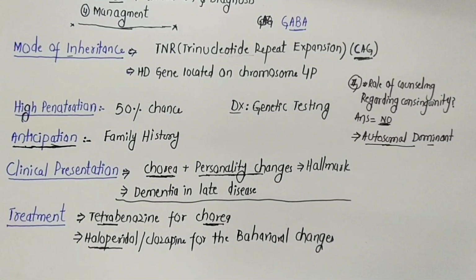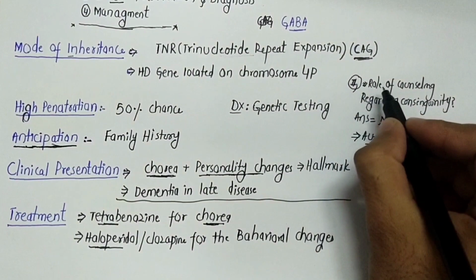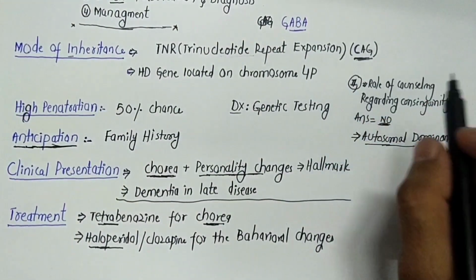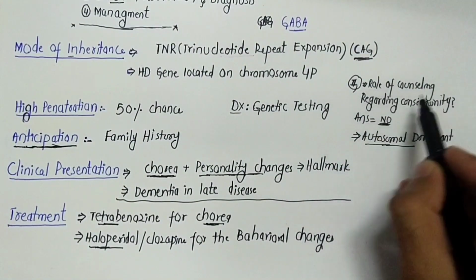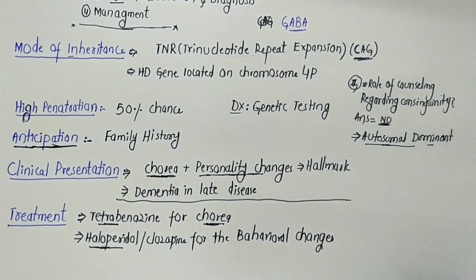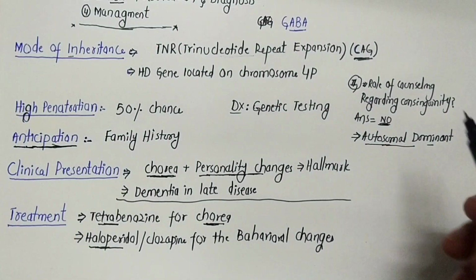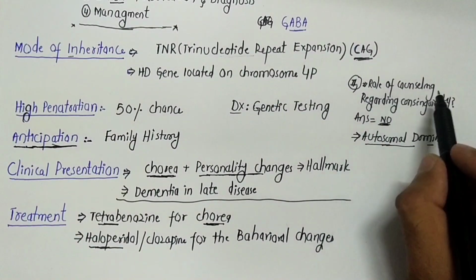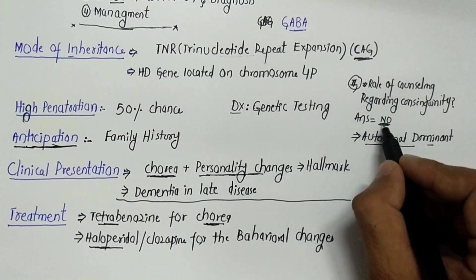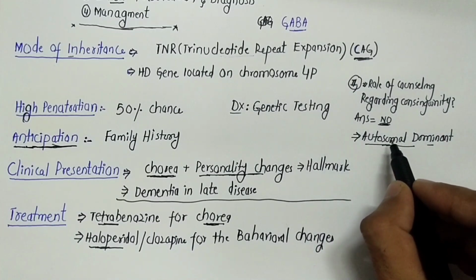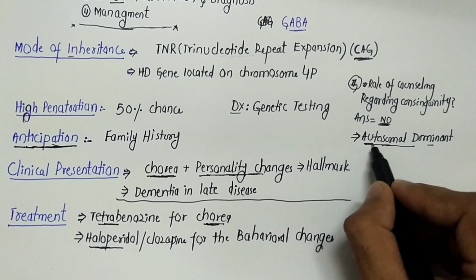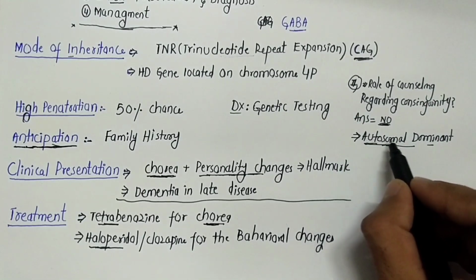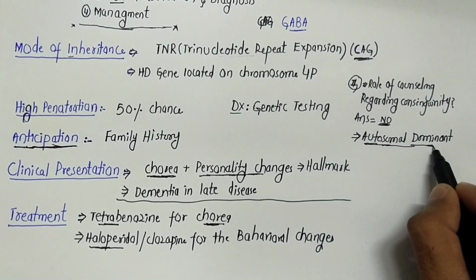So here's the time for a fun question. Examiners sometimes ask: what is the role of counseling regarding consanguinity in cases of Huntington disease? Is there any role of counseling? The answer is simply no, because Huntington disease is inherited in an autosomal dominant fashion.